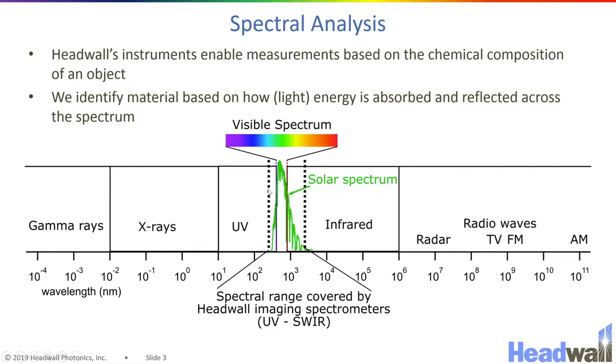And so you can see the blue end of our spectral range here and the red end of our spectral range here. And also for your reference, the visible region of the electromagnetic spectrum is shown here as well, bracketed by these purple and red lines.